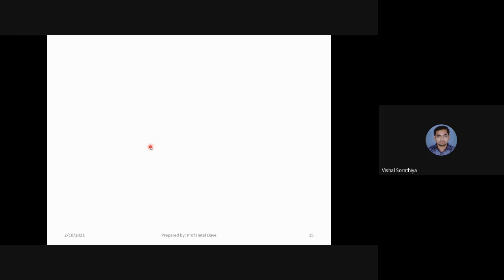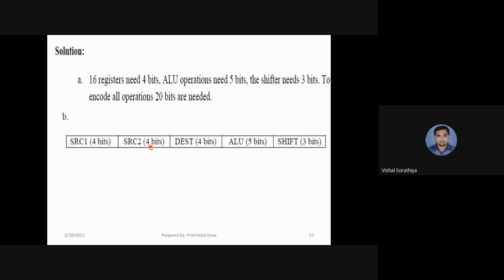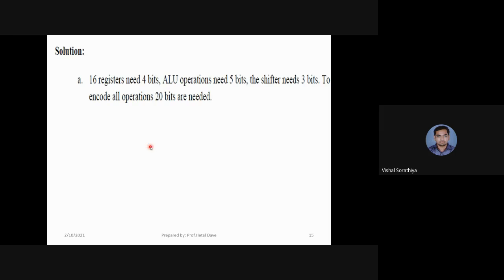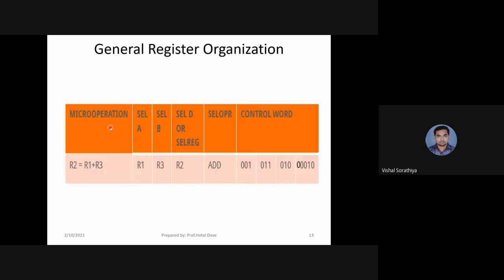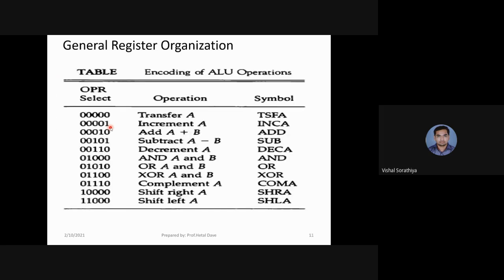What you need to decide in the register and what you need to do, that is clear with you. But what you need to do now with this question is design a table. Now the table is up to you.